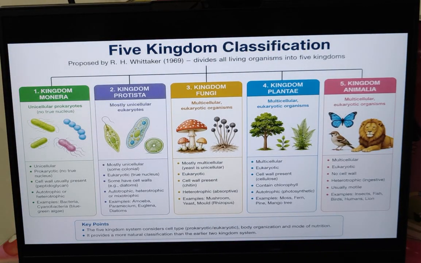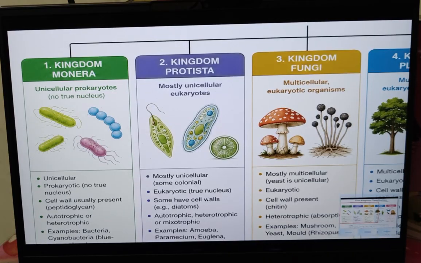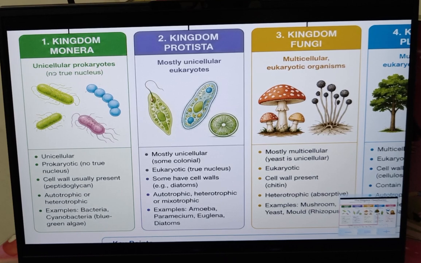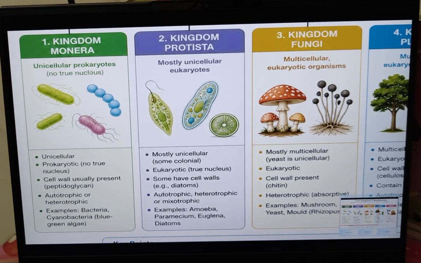So we shall discuss in detail now. This is just an outline of the five kingdom classification. Kingdom Monera. Under kingdom Monera, it includes unicellular prokaryotes. What do you mean by prokaryotes, children? Karyotes meaning nucleus, and these organisms will not have a proper nucleus. So you call this as no true nucleus.